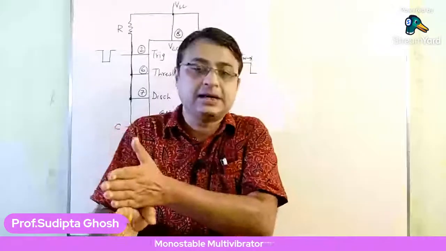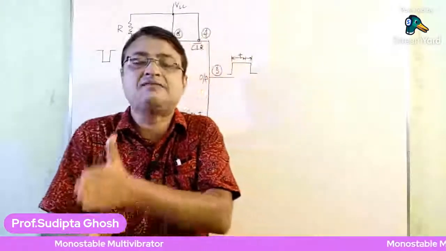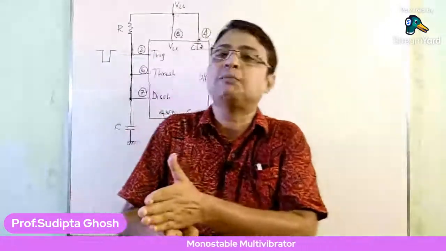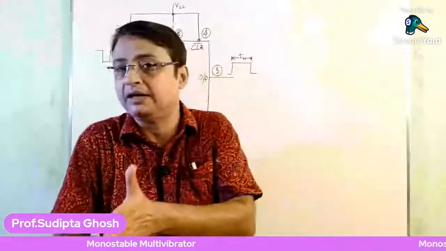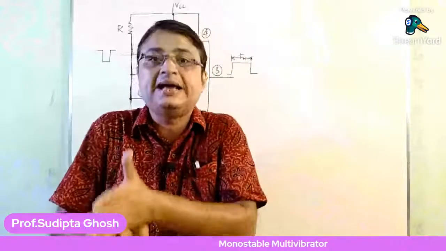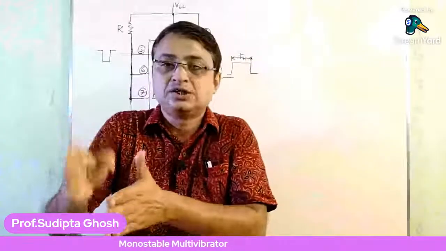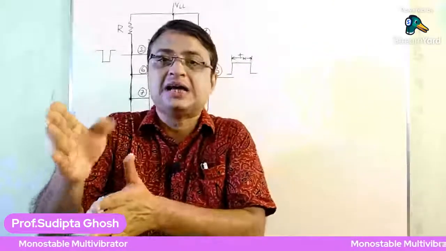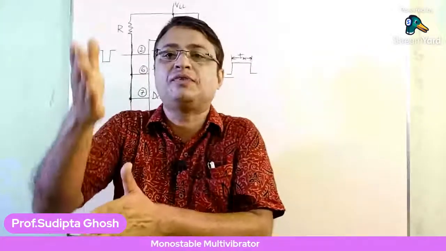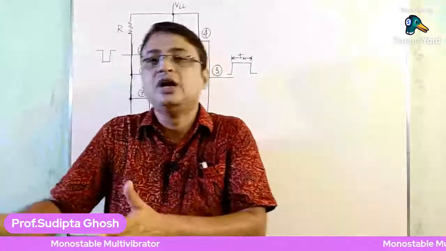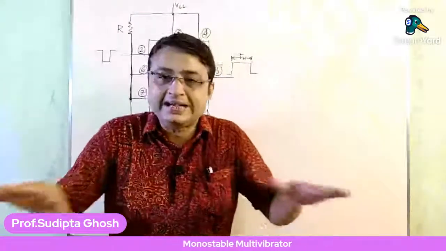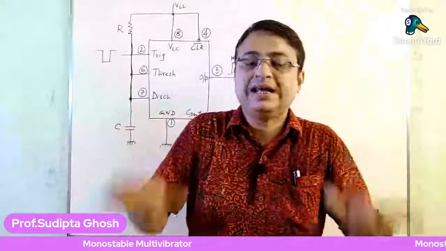After the stable state, I applied a trigger value which makes the output of the monostable multivibrator go high, and then the capacitor starts to charge again in the quasi-stable state. Only after reaching 2/3 VCC will it discharge and go to 0. So that is the entire operational explanation.